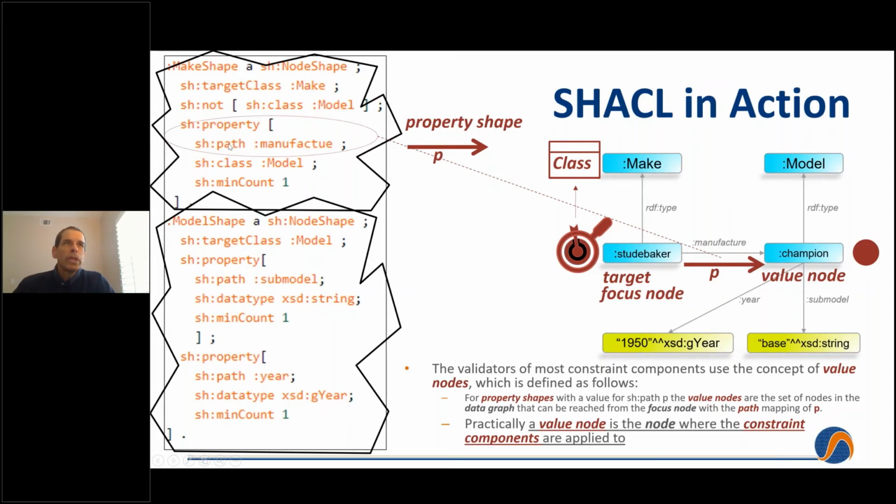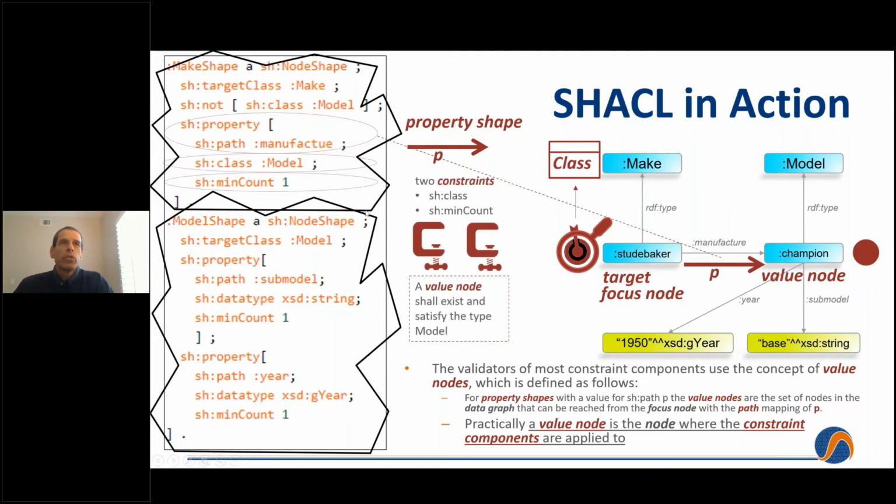The property is manufacturer. So Studebaker has the path manufacturer, and the value node that can be reached from the focus node is champion. So champion becomes the value node for this property shape, and we can apply the constraint components on champion. Let's look at the constraint components.